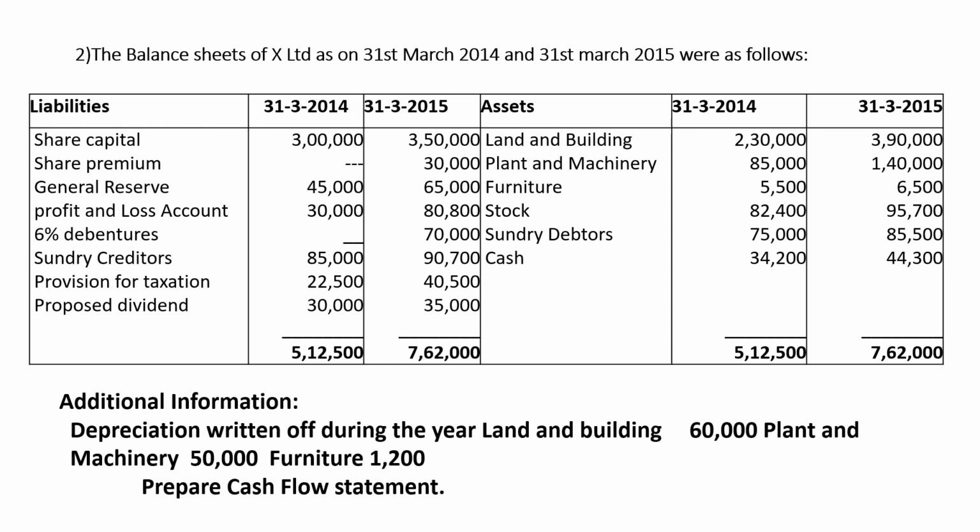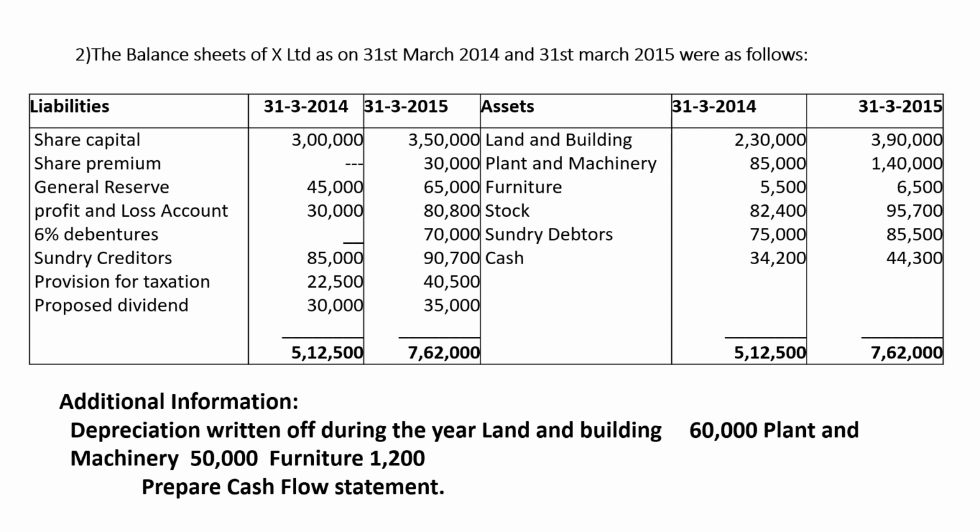Stock 82,400, 95,700. Sundry debtors 75,000, 85,500. Cash 34,200, 44,300. Total of assets and liabilities for the year 2014 is 5,12,500.